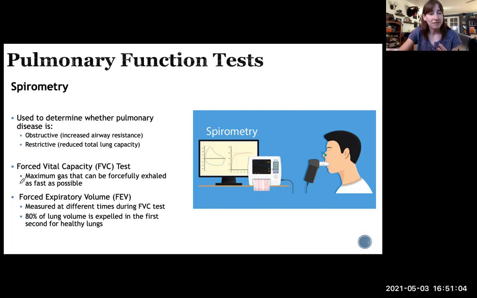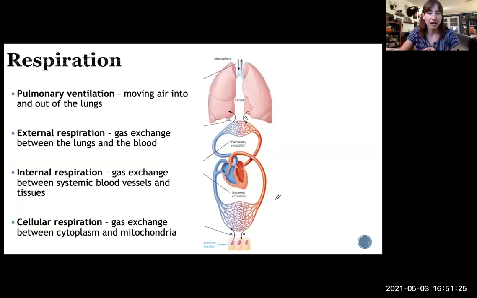If you can't, then you probably have an obstructive pulmonary disease. If you can, but that total vital capacity that you exhale is not very large, then you probably have a restrictive pulmonary disease, okay? There are videos on this, by the way, if you want to look on YouTube for some of the more clinical application stuff, go check it out.